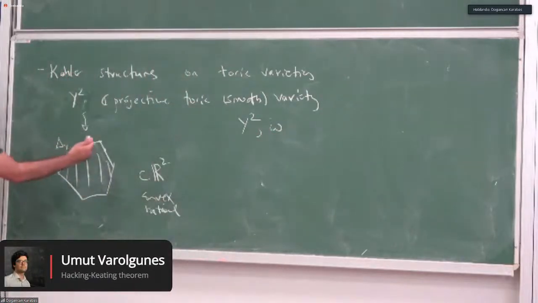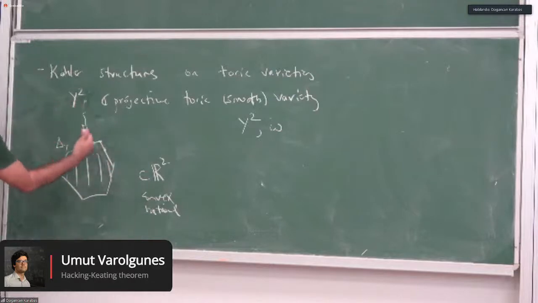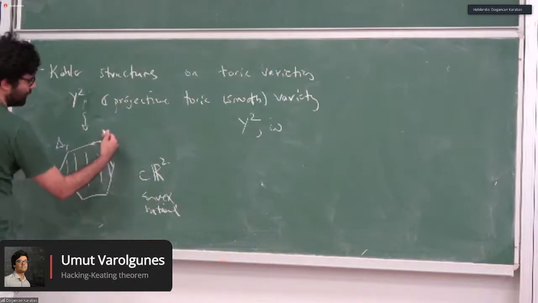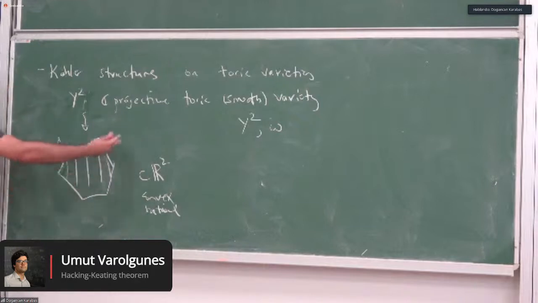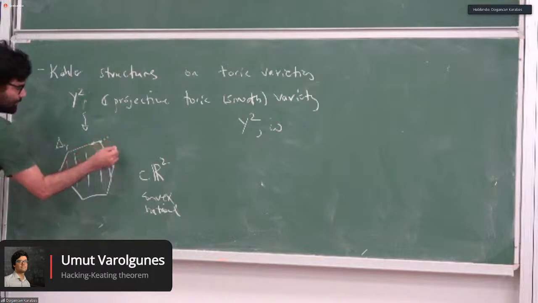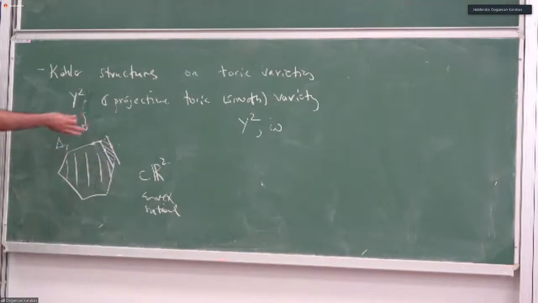We know that there's not going to be a unique Kähler form on Y2 or a Kähler class, but you can realize different Kähler classes by changing this polygon, moving its edges without changing the type of the polygon. So you can take something like this, for example. You can add this bit where these two are parallel. This would correspond to a different Kähler structure on this projective variety.